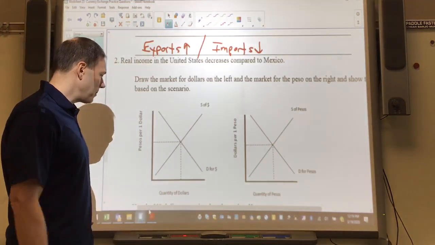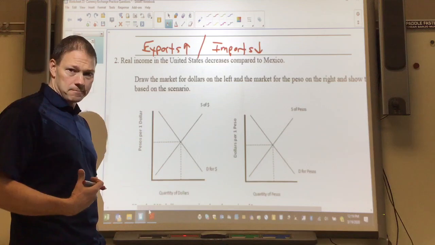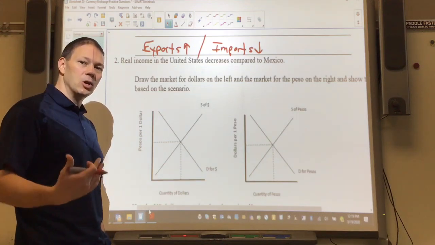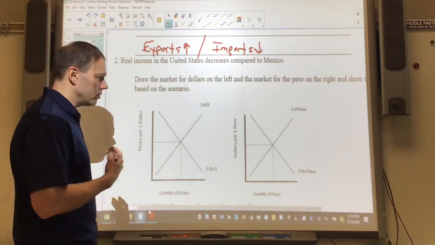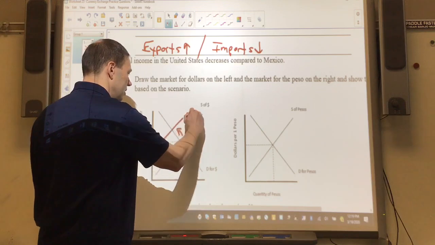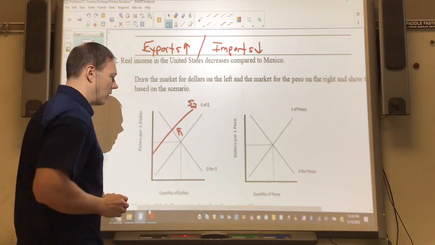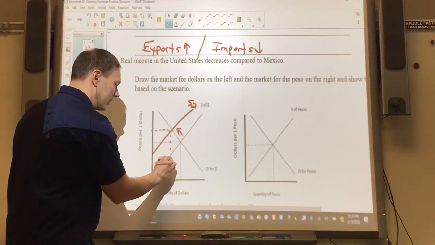Okay, so from the perspective of the dollar, if we don't have as much money, we can't buy as many goods from Mexico. So one of two things is going to happen. Either, again, what makes more sense to me is that the supply of the dollar is going to decrease, because if we're not buying their things, we're not sending them dollars.